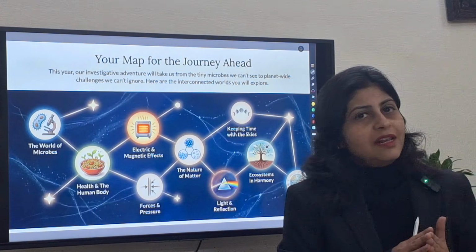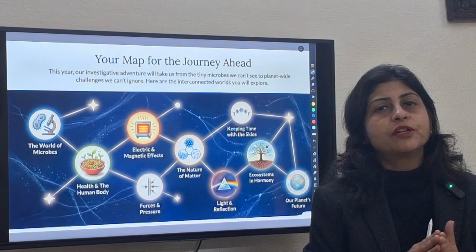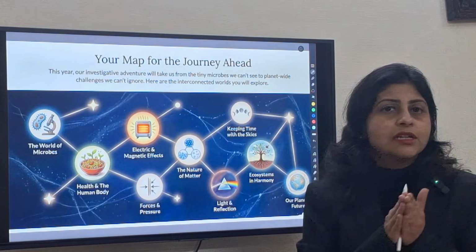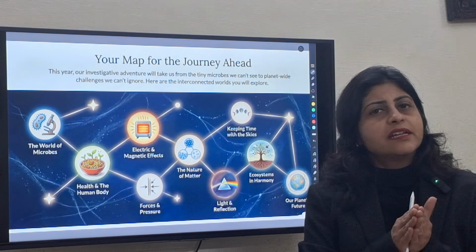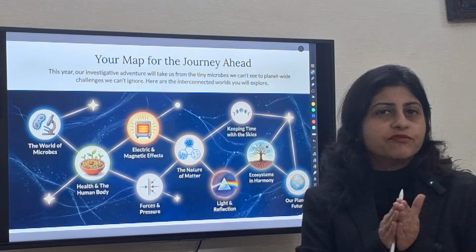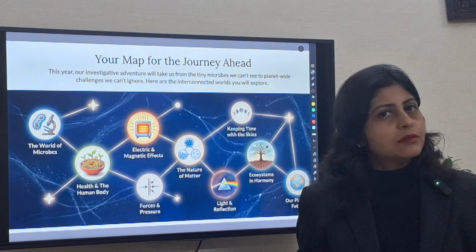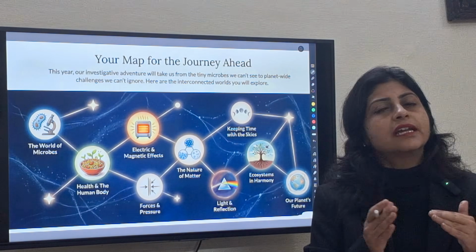Now, let's see what kind of a map your journey will be following ahead. In Grade 8, this chapter is actually a brief introduction, a brief overview of all the chapters you're going to read this year, and how they are interlinked.